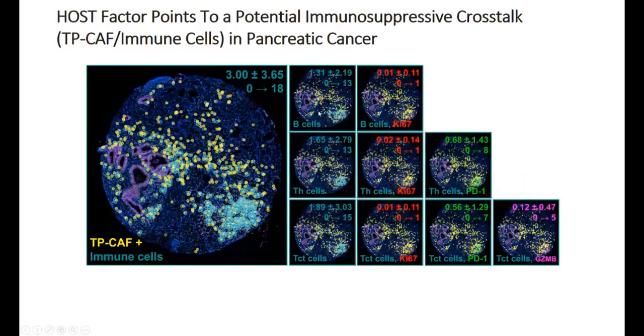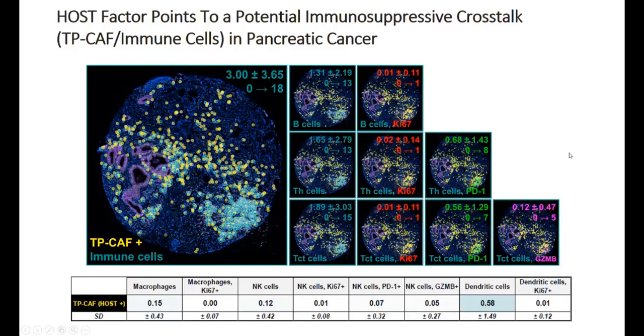So I looked further, and what caught my attention is that B cells, helpers, or cytotoxic, which are the 3 major populations of immune cells surrounding the host-positive calves, are not proliferating. Half of this population is already expressing PD-1, and in particular, for T cytotoxic cells, a very small number are truly active.